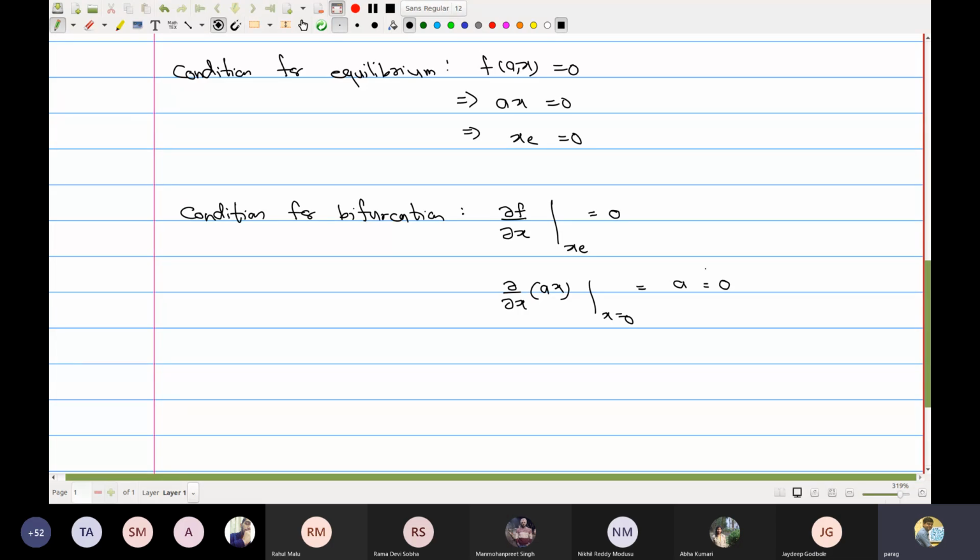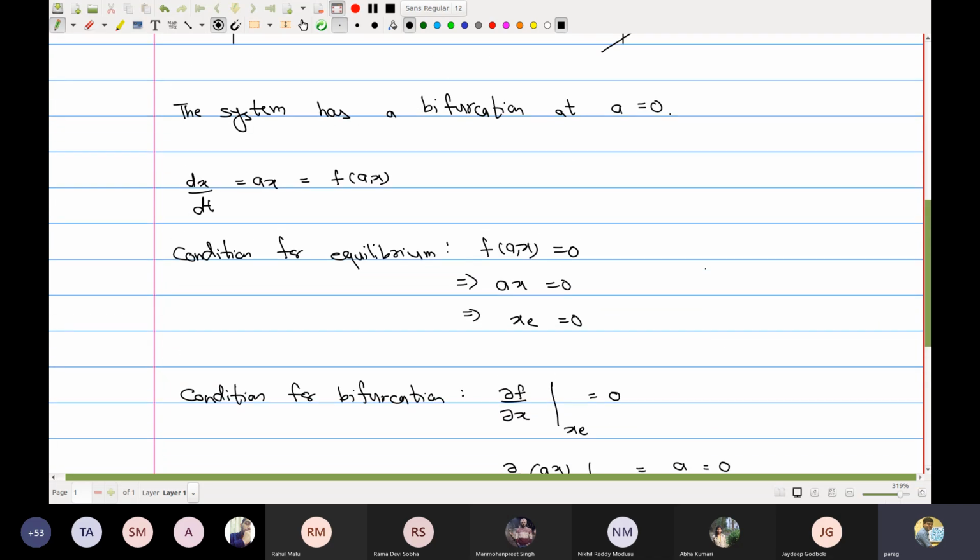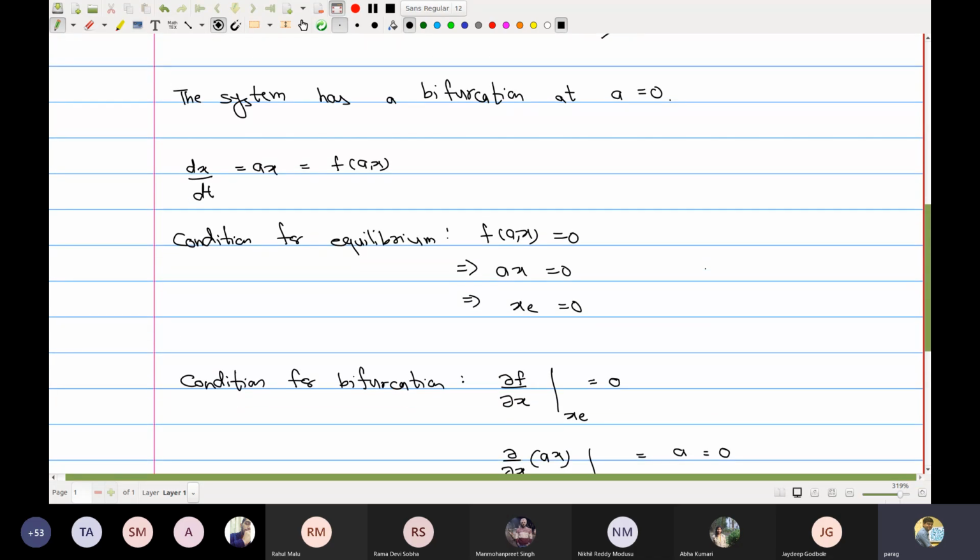So then we know the condition for equilibrium, which is x equal to 0, and we know that about xe equal to 0, the derivative of the function f of ax with respect to x should be 0. So that will give you an equation in terms of the bifurcation parameter. In this case, it simply comes out to be a, and you set a equal to 0, and this is the condition for bifurcation which we wrote. The system has a bifurcation at a equals 0, right?